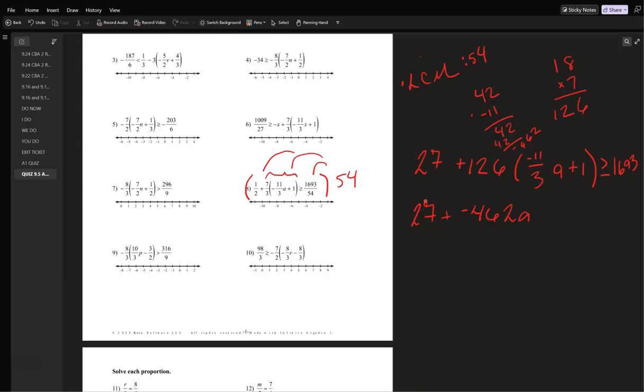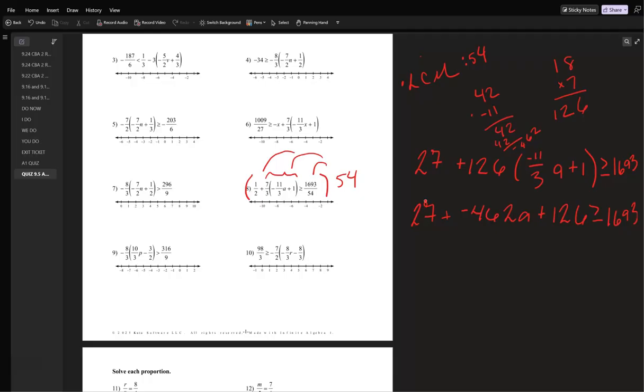And now that I've distributed to this term here, I'm going to go ahead and distribute it over here to the 1. So it went into this term right here and this one. These are some difficult numbers that we're working with, but you guys are more than able to handle that.